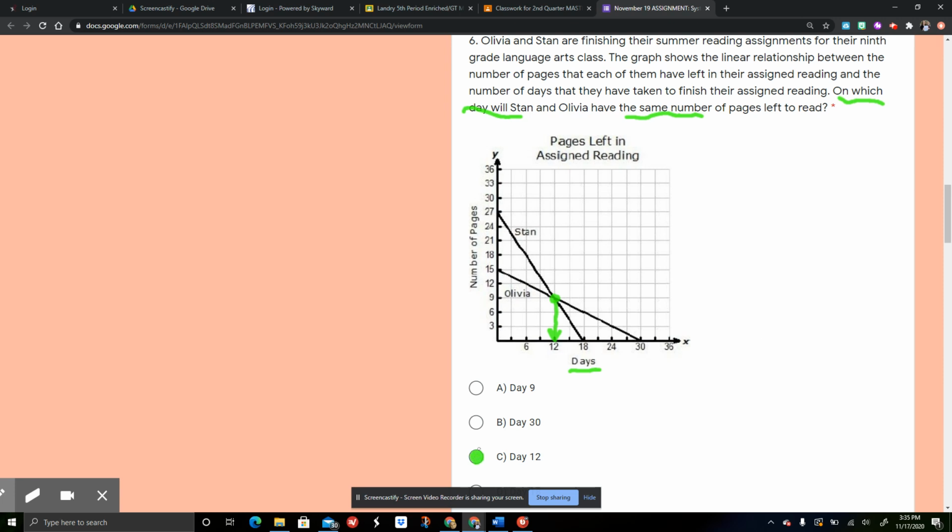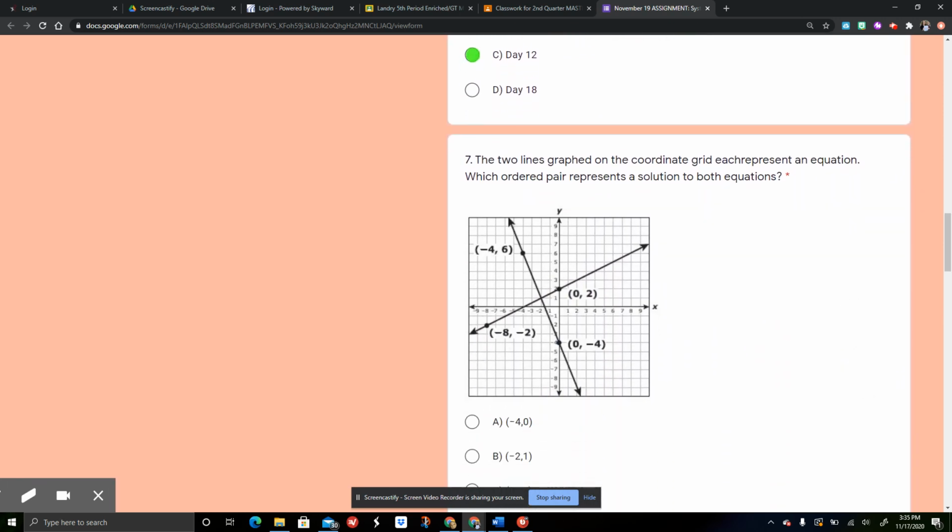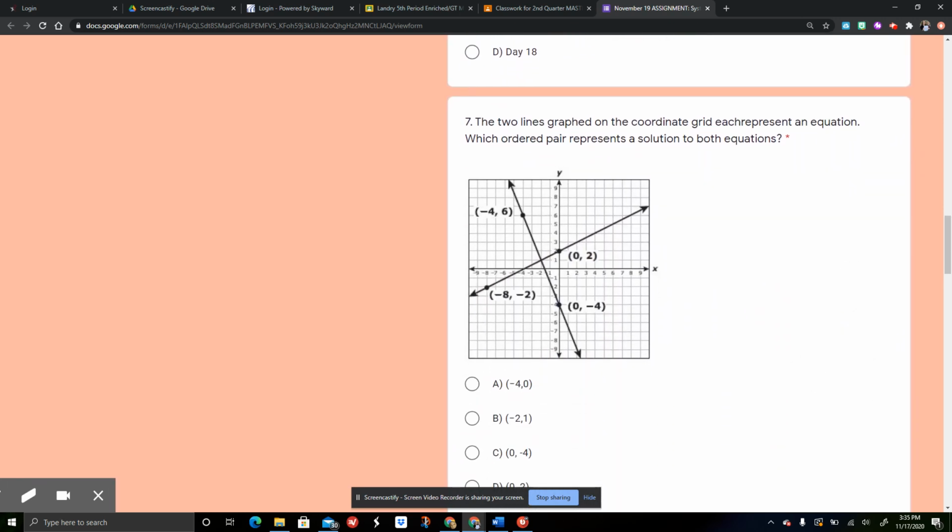Again, if you struggle with reading your values, you could write your equations for each one and then put that in the calculator to find your intersection point. Okay, so number 7 is just asking for the intersection point.